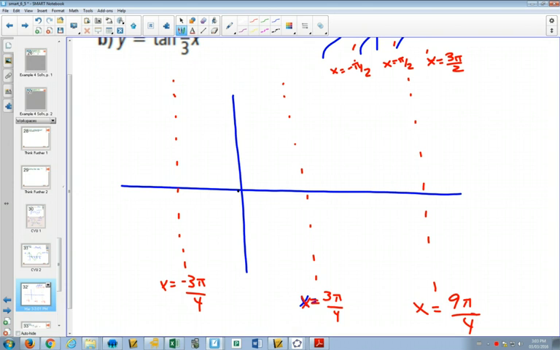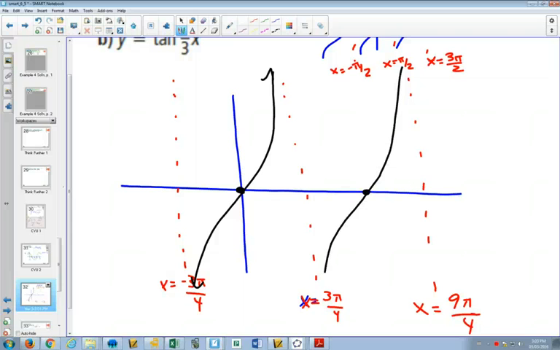The shape of our graph is still going to be the same. Our period was pi, and now our period is, well, we've multiplied by 3 over 2.